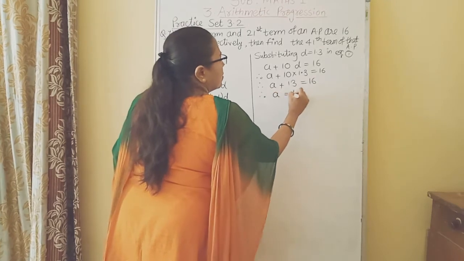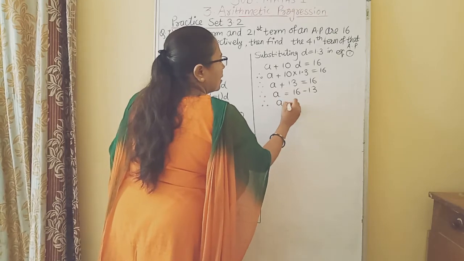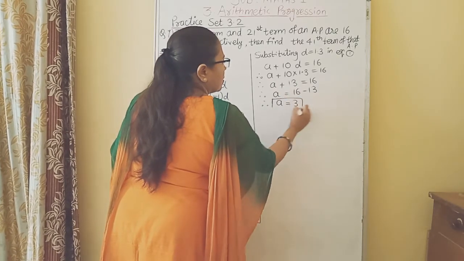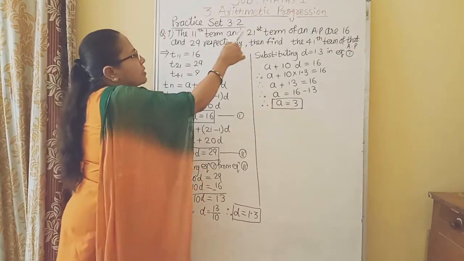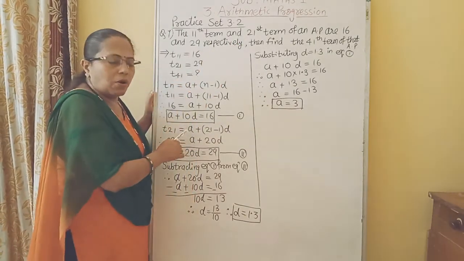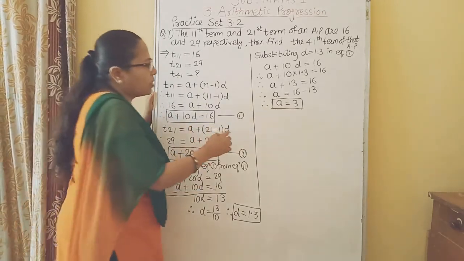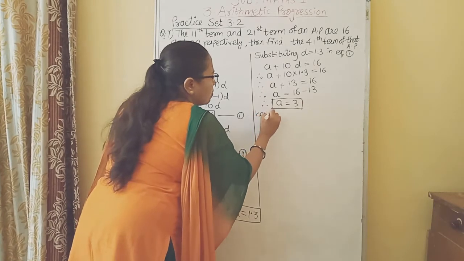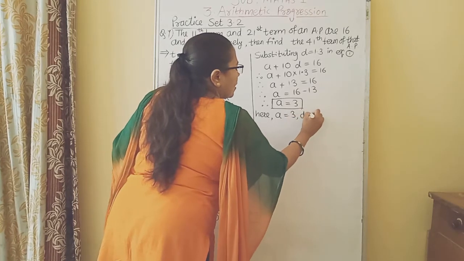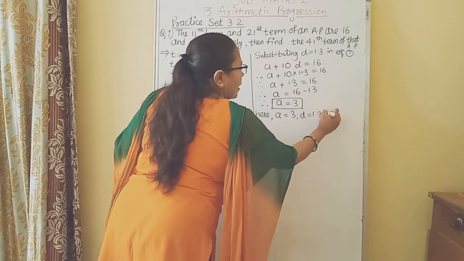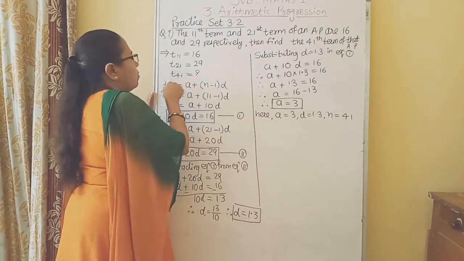Therefore, A is equal to 16 minus 13. Therefore, A is equal to 3. Understood? So from this given information, we got the values of D and A. Here we got A equal to 3, D equal to 1.3, and n is equal to 41, because we want to find the 41st term.